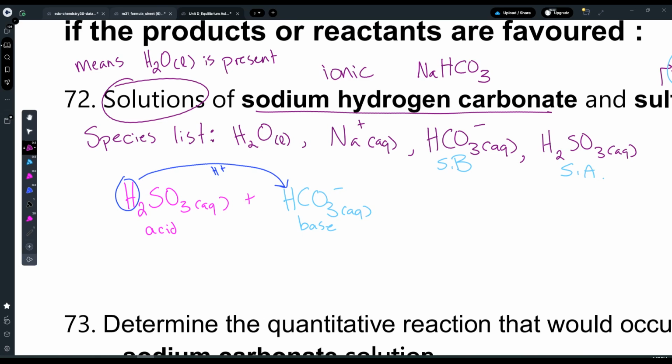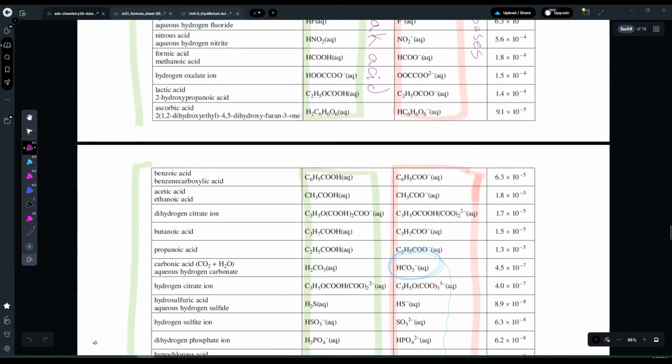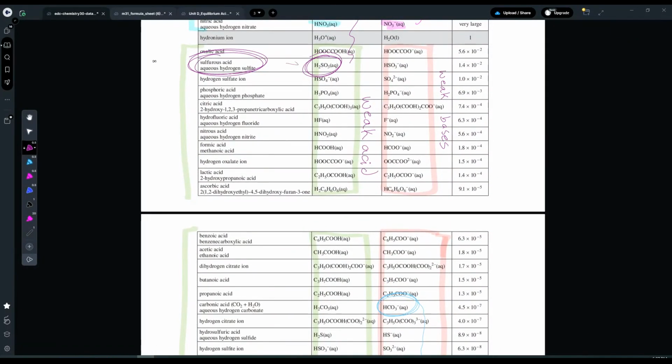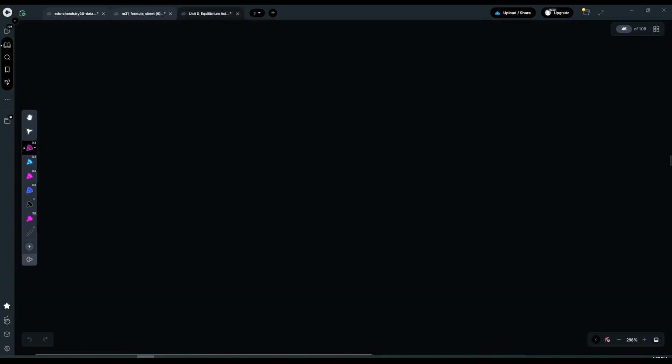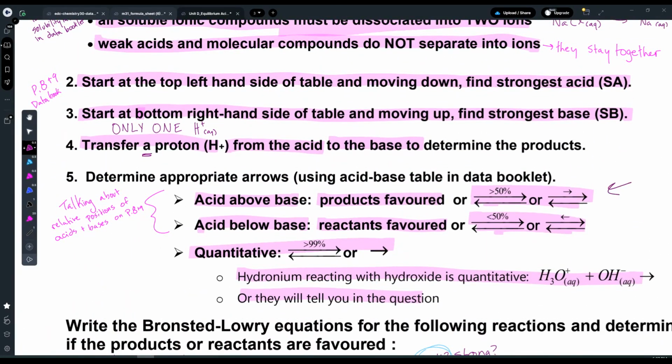Okay, and for the reaction arrow, let's check out the table. So my base was there, so I've got it circled in blue. My acid was here, so my acid is above my base. So that means when acid is above the base, products are favored.